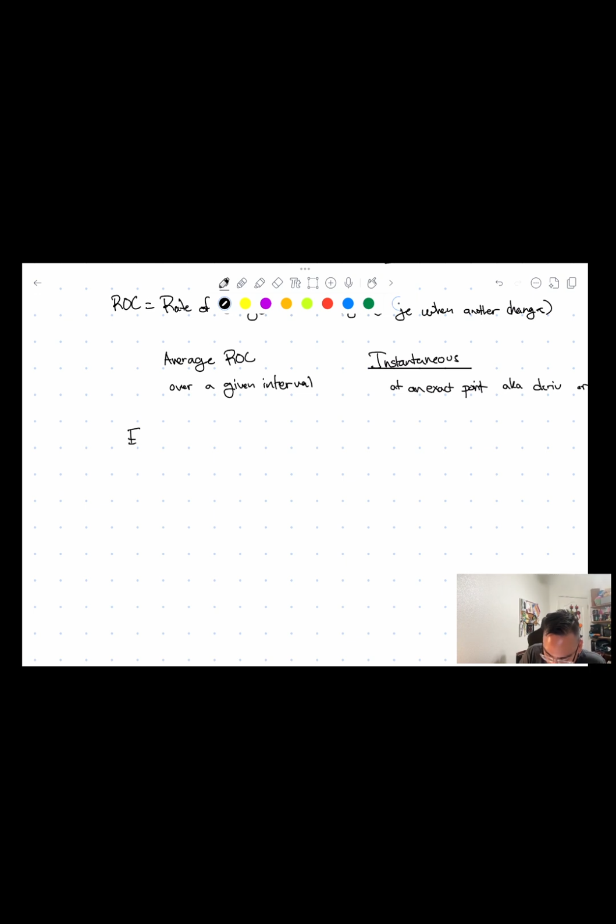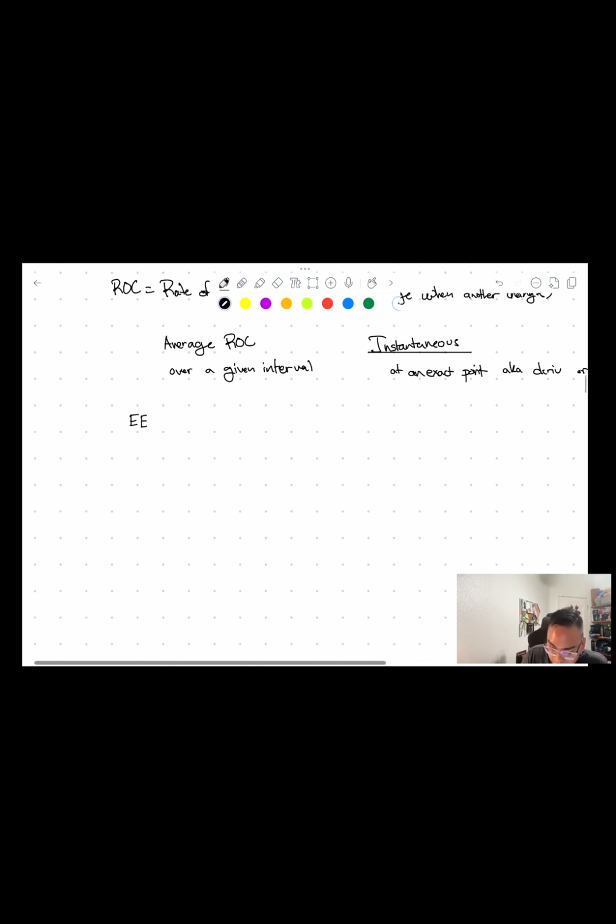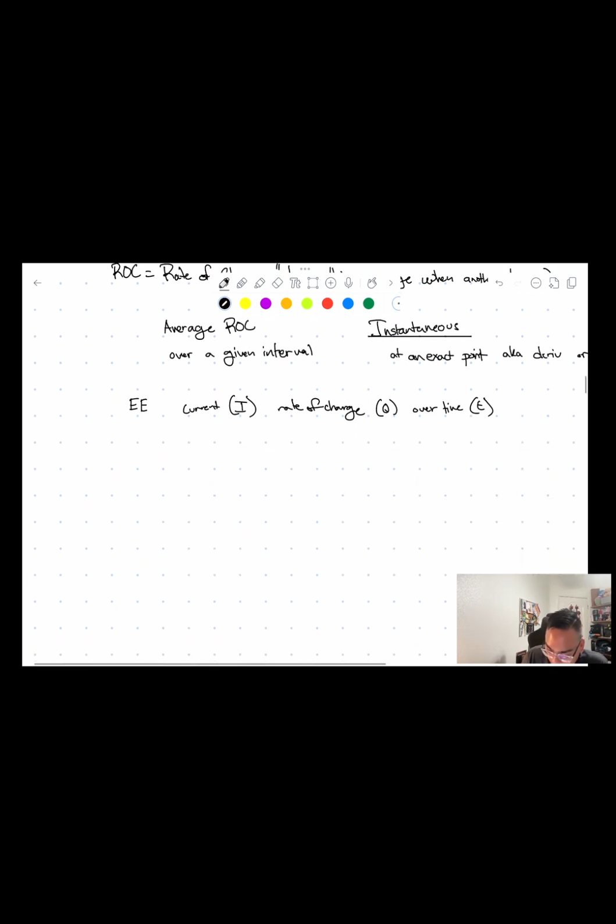Derivatives in my major, which is going to be electrical engineering, or any kind of engineering, the way you'd use it is whenever you have something like a current, it's always defined as, or symbolized by, I. And then you can find the rate of change of charge, represented by Q, over time, T. And you can get this equation.